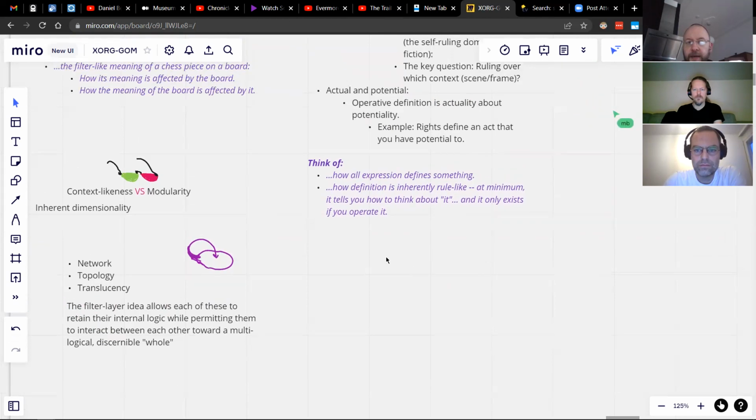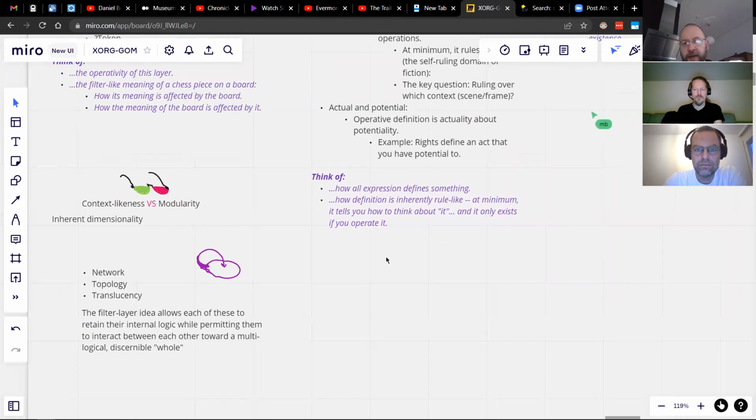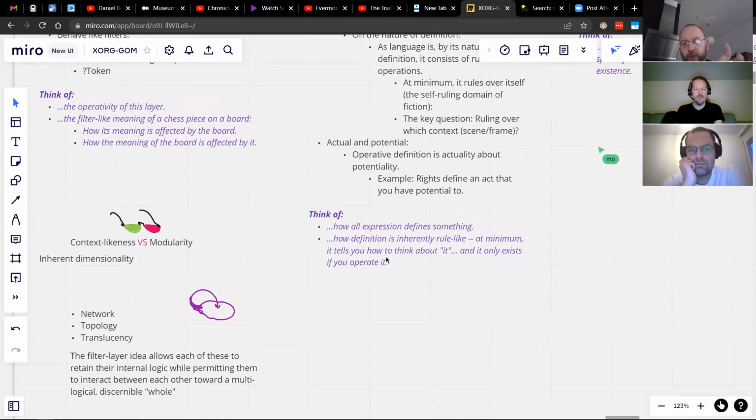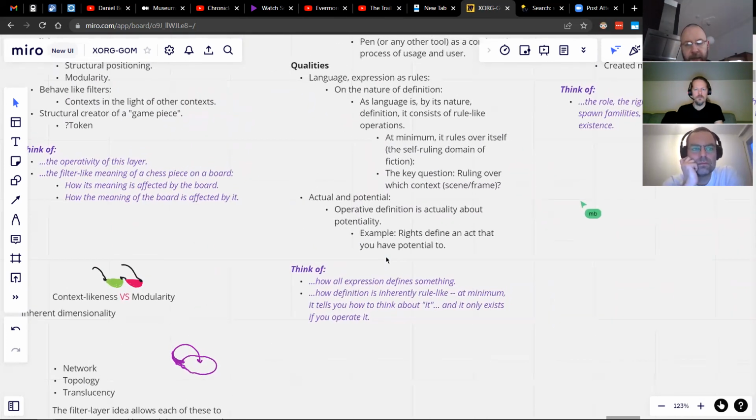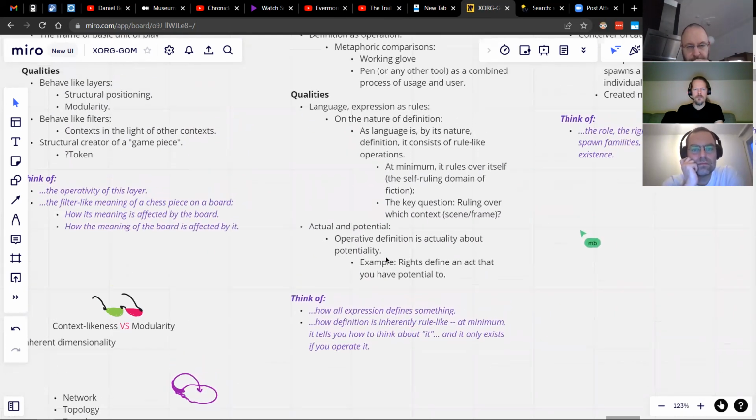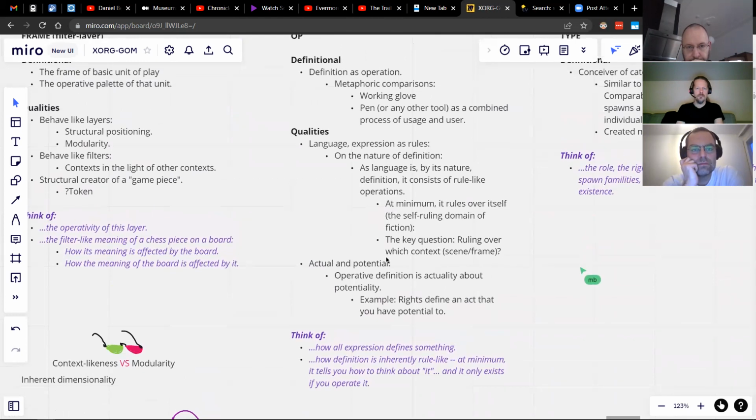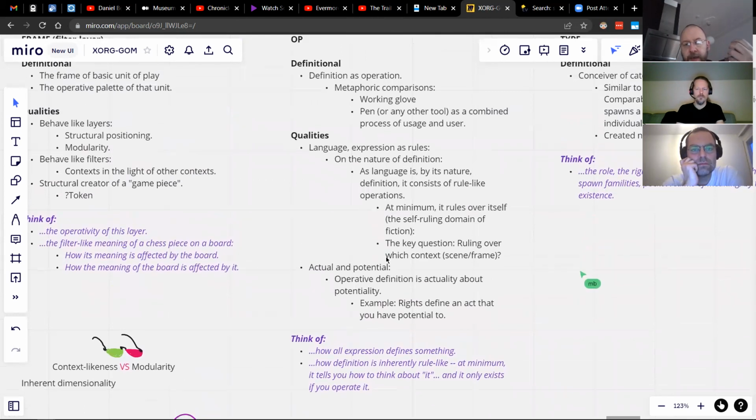But then there is a way to think about it, which was expressed in the sense of an op, which is: now every expression is by nature a definition. It's defining something, and definition by nature is rule-like.